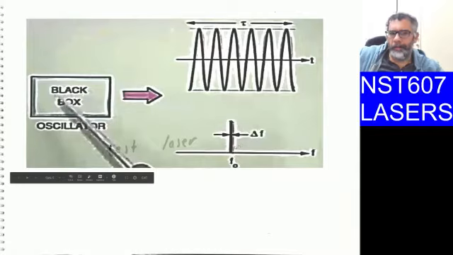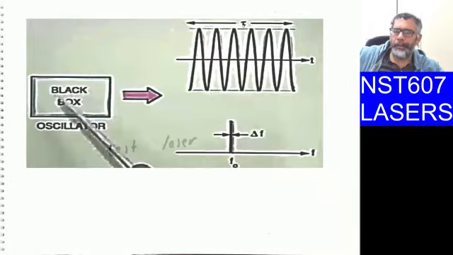If this tau is limited, not infinite, you will see that in the frequency domain this sharp line becomes a kind of bell shape.